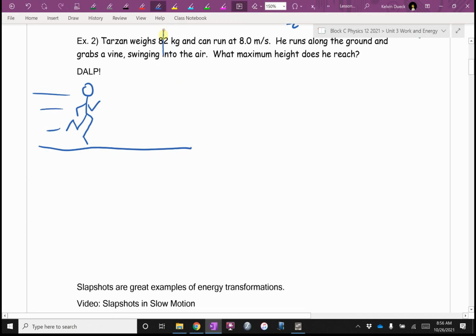He'll grab it like waist height. Okay? And he's going to swing into the air. And it wants us to find that. Liz, any suggestions on what approach I might use for this?